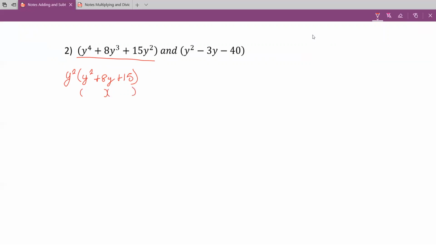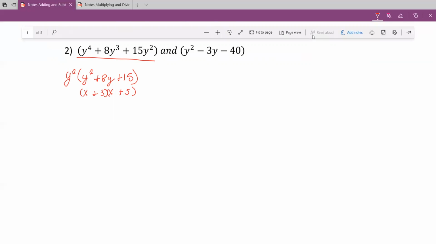Well, I know 3 and 5 multiply to 15, and 3 plus 5 is 8. So I know that's y plus 3 and y plus 5. Try not to mix up your variables like I did.